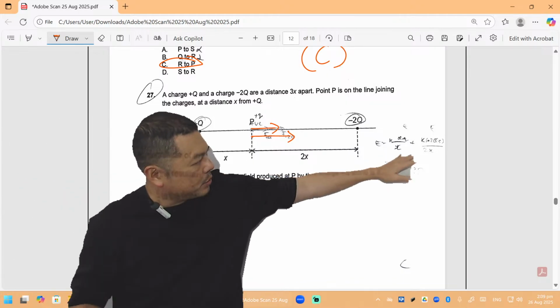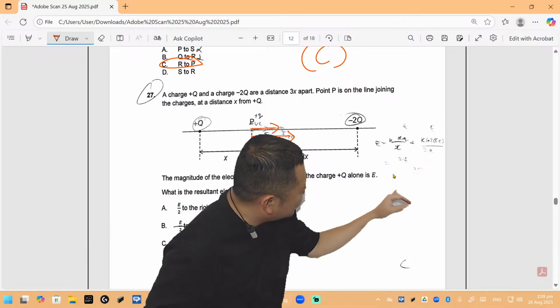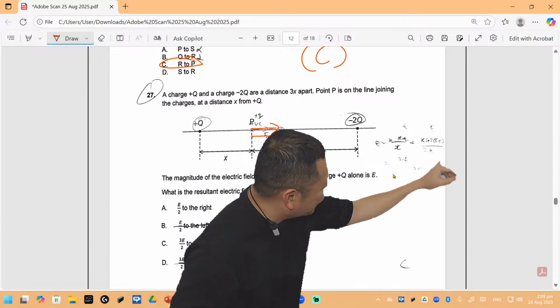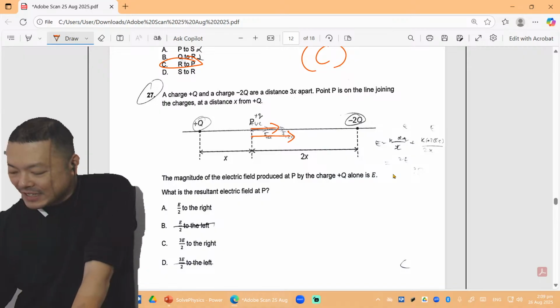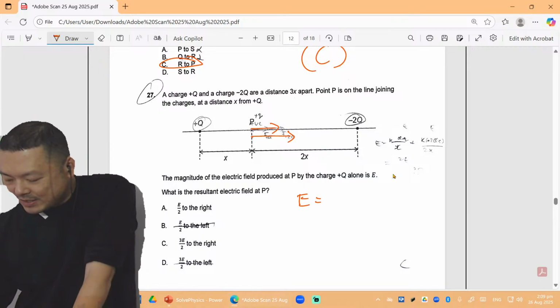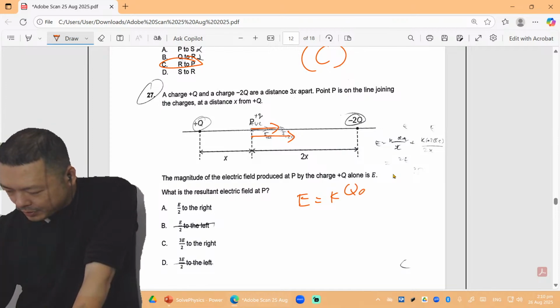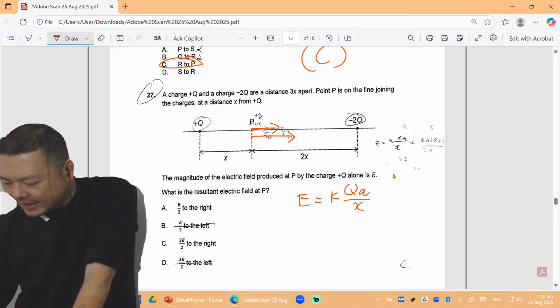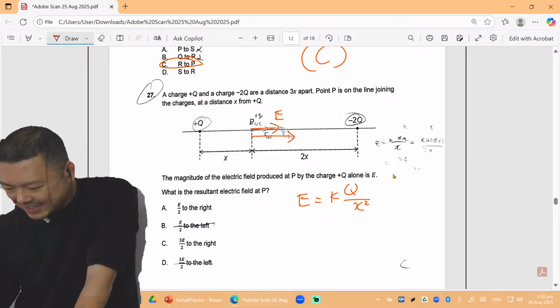Like I said, the danger is students use the equation kQq over x squared. Where's the square? There should be a square. Is it missing? I don't know whether it's missing. Okay, so kQ over x squared, that's E. Sorry, kQ over x squared, not force.